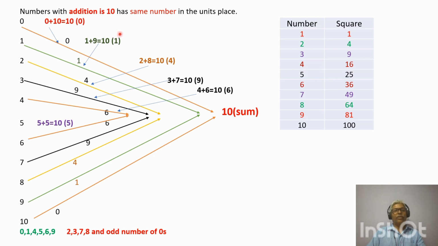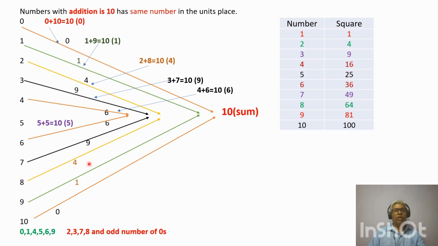This is the only way to remember: if the sum is 10, then both numbers will have the same unit place in their squares. If any number ends with 1 and any other number ends with 9, their squares will both end with 1. Now 2 plus 8 is 10, so the square of a number ending in 2 ends with 4, and that ending in 8 also ends with 4. We have seen it here.